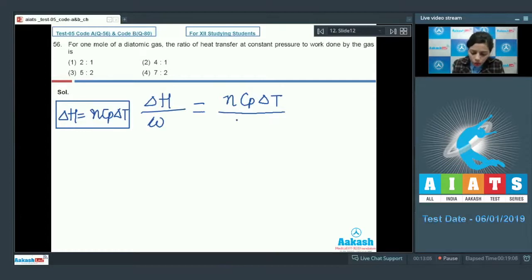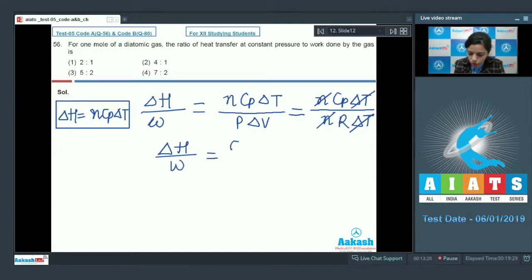Now W is P delta V, we all know, and let's place here that P delta V can also be written as nR delta T, and the simple formula that you will obtain here for this ratio, that is equal to Cp by R. The value of Cp is 7 by 2R, and what about the final ratio?